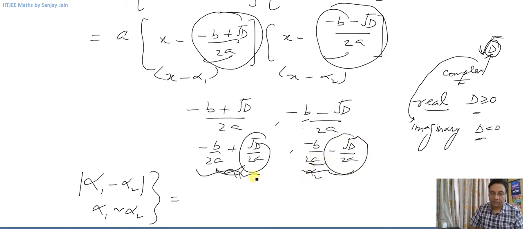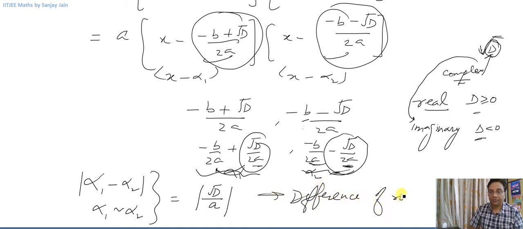Okay, so if I do the subtraction of these two, minus b by 2a will be cancelled and these two terms will get added. So I will get root d by a as the difference of roots. So this will be my difference of roots.